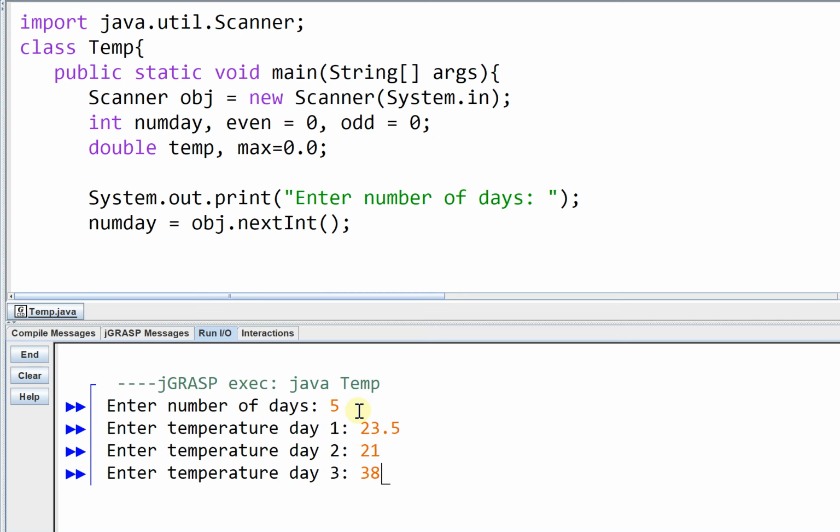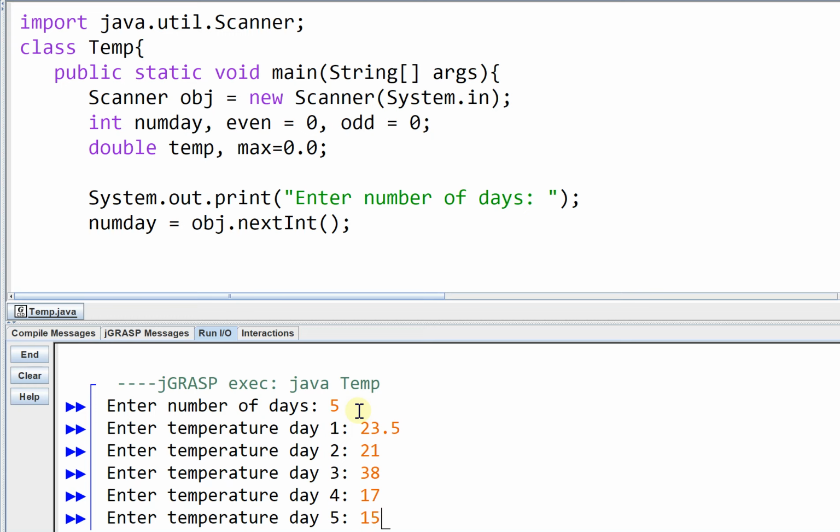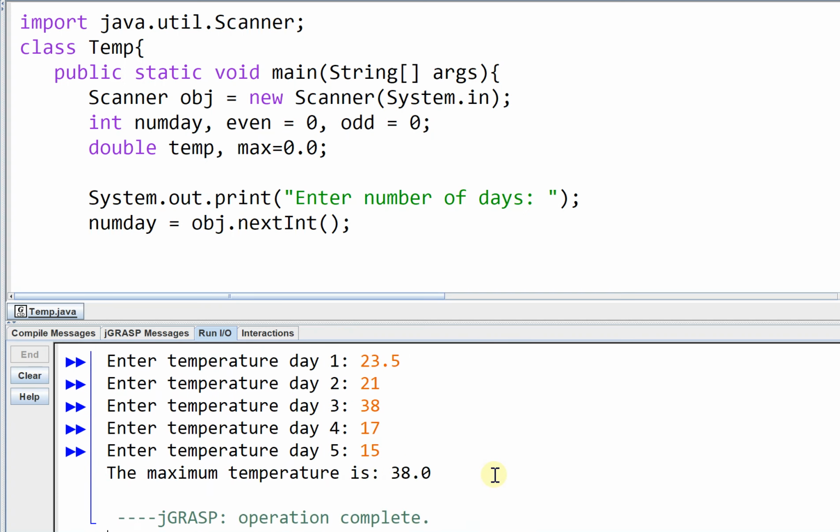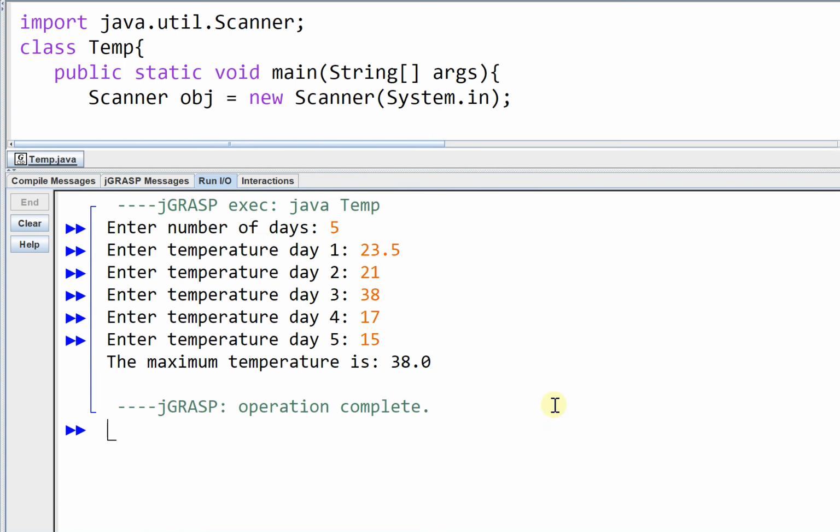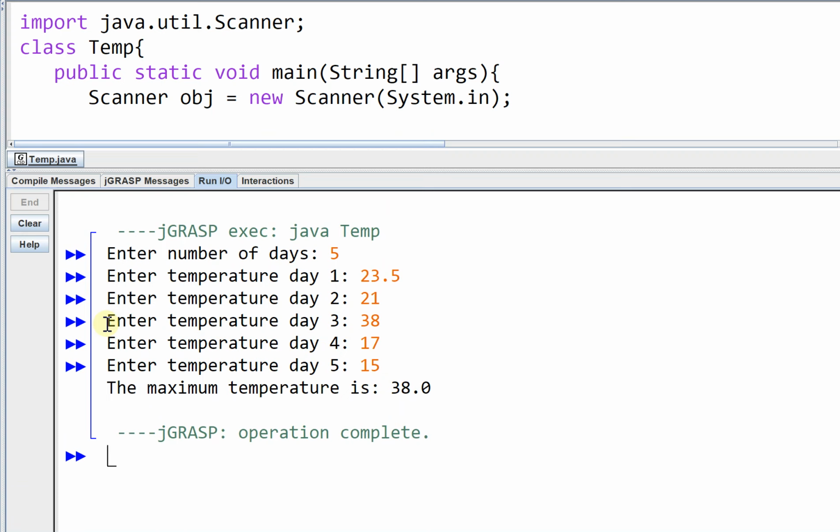Let's say you have 38 for the third day, and then the fourth day is 17, and the last one is 15. Once you press enter, this is your maximum temperature, 38, based on the number of days that you entered, 5 days.